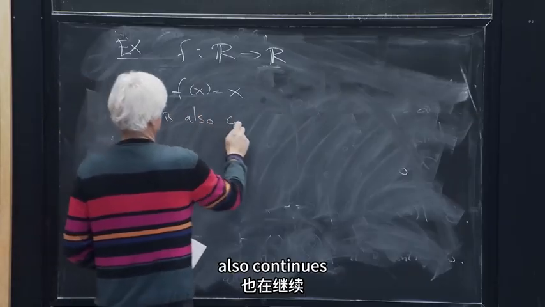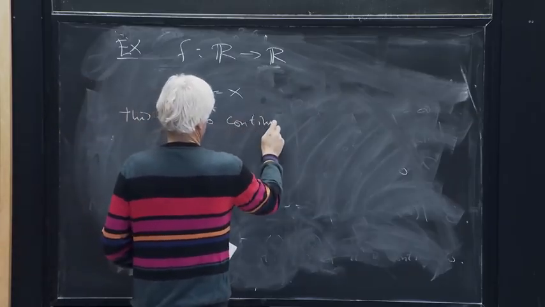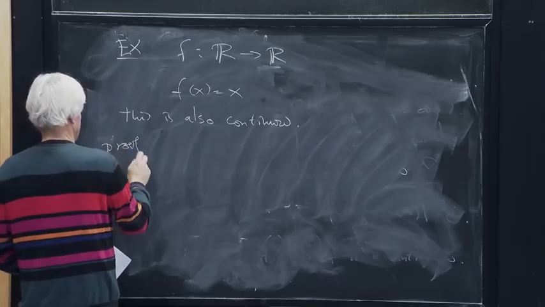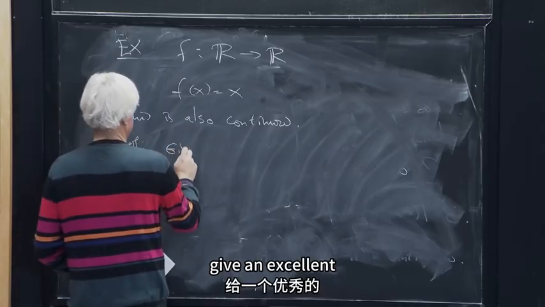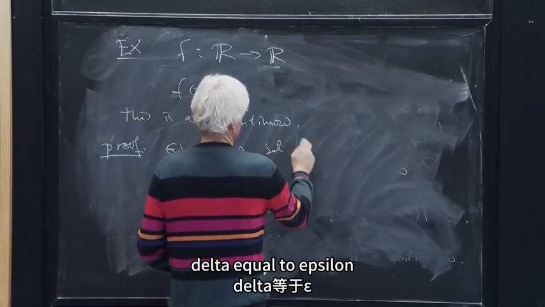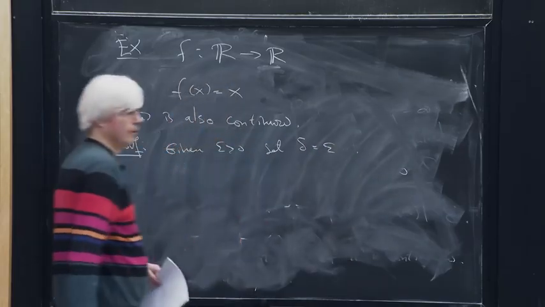And the proof of that: given epsilon, set delta equal to epsilon.